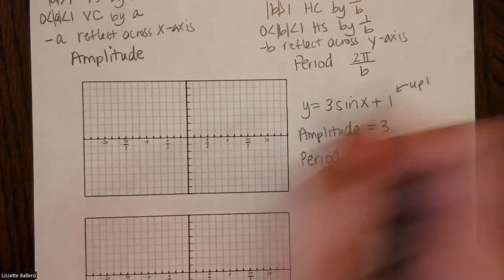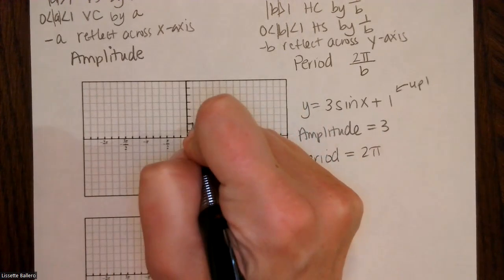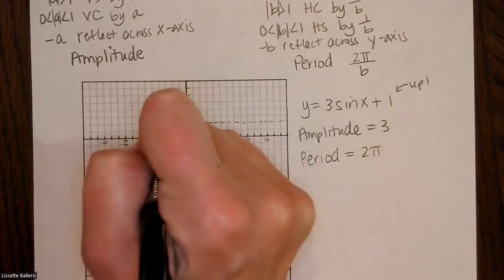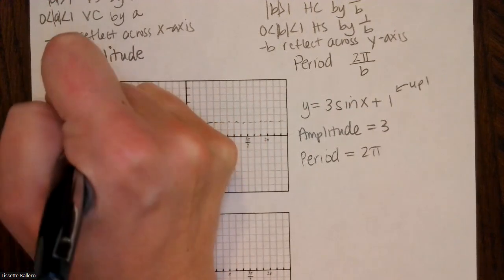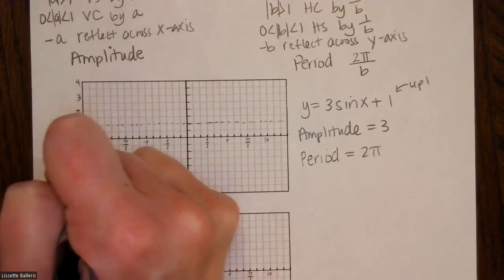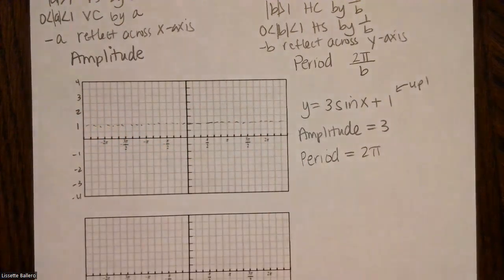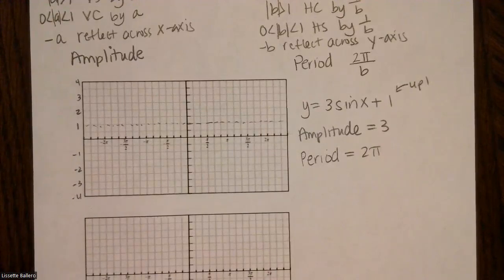All right, so when we go graph this, with this particular graph, I'm going to want to start with the +1. My center is usually on the x-axis. I'm going to move this up 1. And I'll keep going with what I had on the other side of making this go up by 1. All right, so I've labeled those there so you can see it. I've drawn this line here just to have as a guide for me.